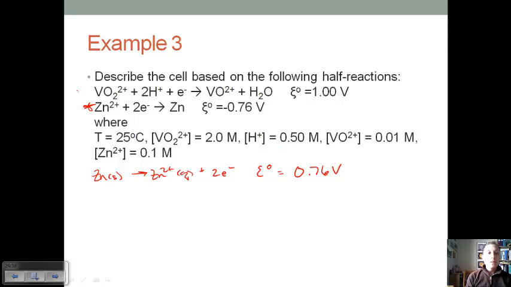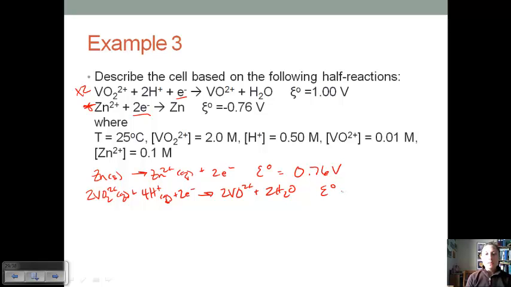And then for our first equation, we need to multiply it by 2 so that we have equal electron transfer. And so we have 2 VO2 plus, 4 H plus ions, 2 electrons, and this going to 2 VO 2 plus and 2 H2O. And remember, just because we multiply the equation, that does not change the cell potential, and so it's still 1.